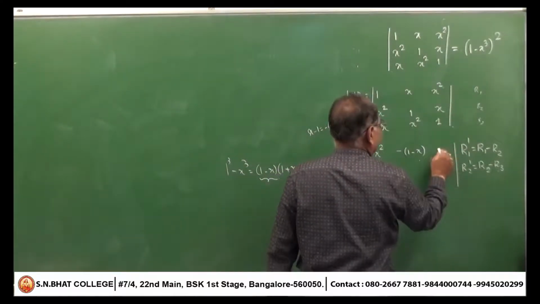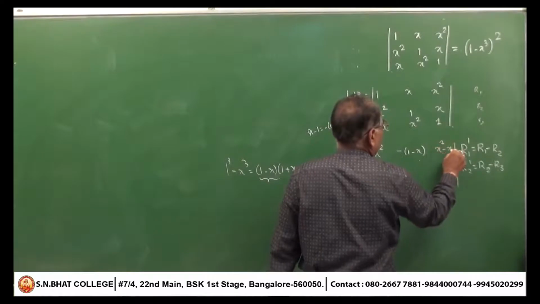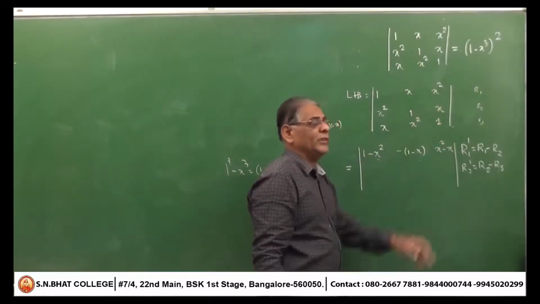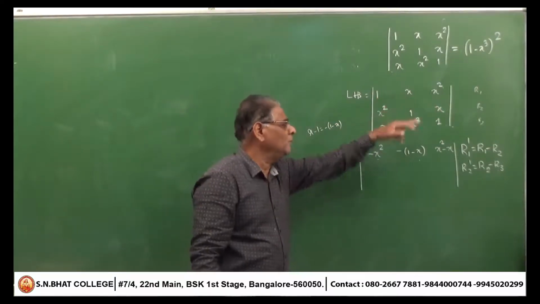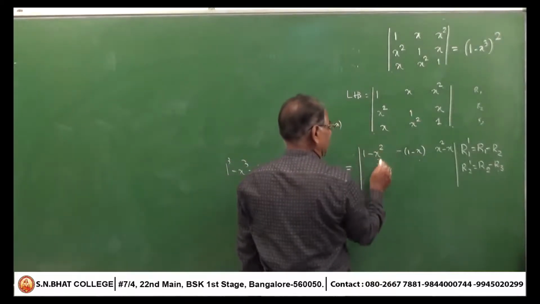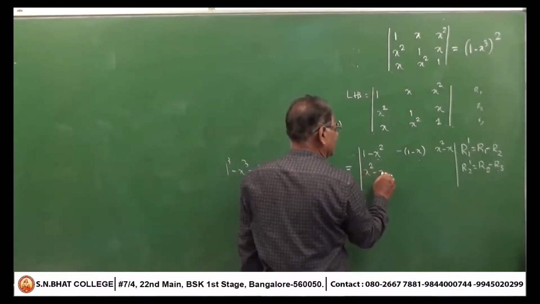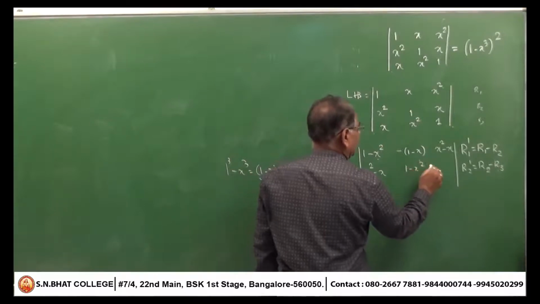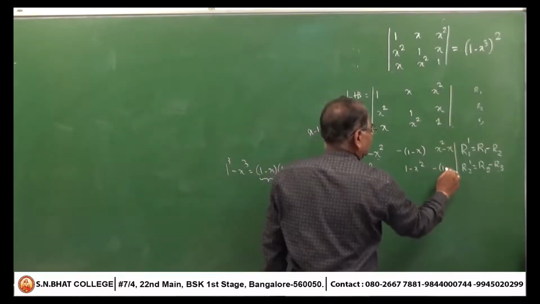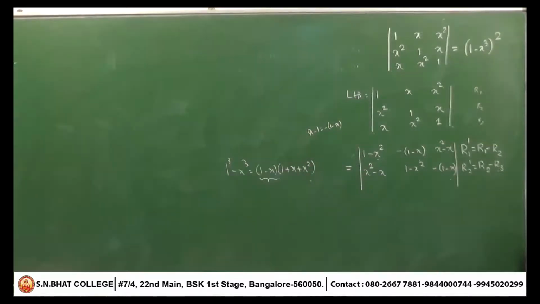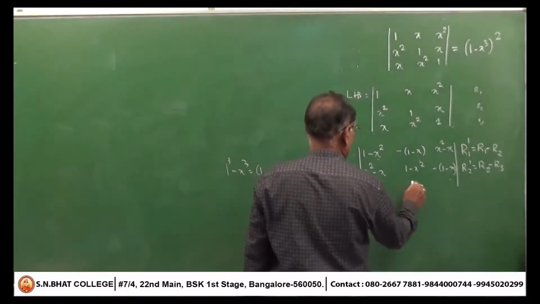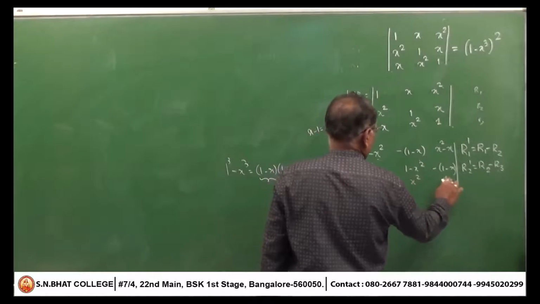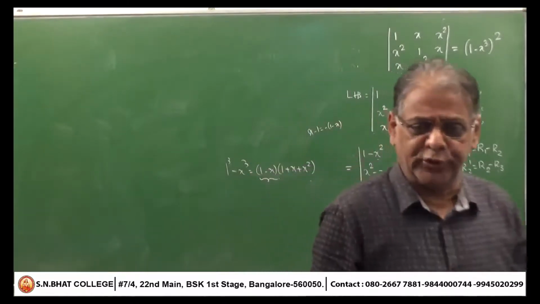Next is x square minus x. Next R2 dash is R2 minus R3: x square minus x, 1 minus x square. This minus this means minus of 1 minus x. I changed only R1 and R2. Write R3 as it is, x square 1.